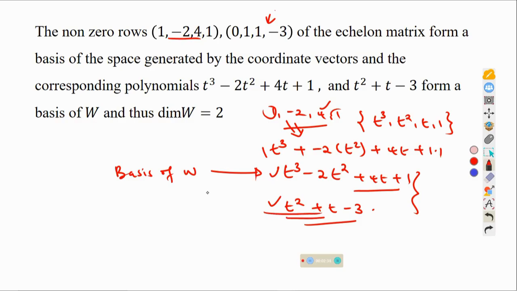This will be the basis, and of course from there we can deduce that the dimension will be 2. So the dimension of W becomes 2. So that is how we can treat such numbers if they are involving polynomials or if they are just given as vectors.